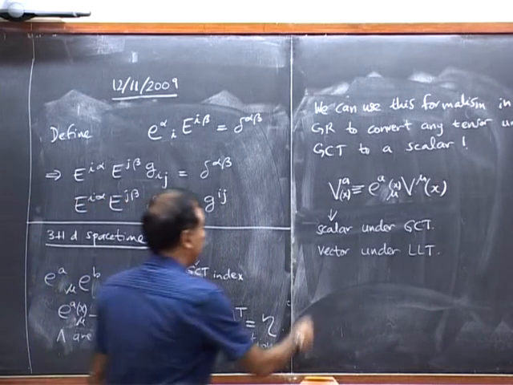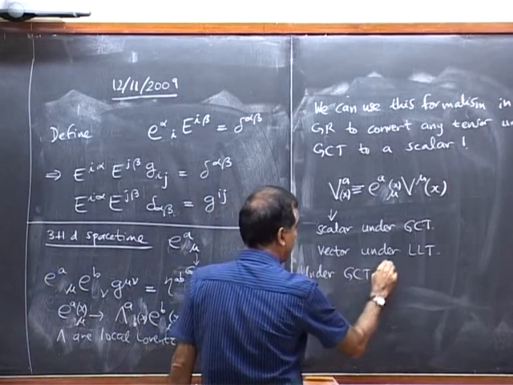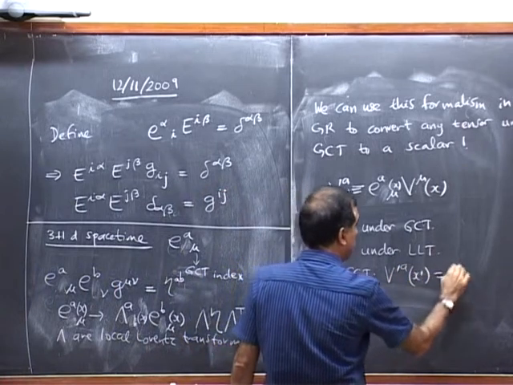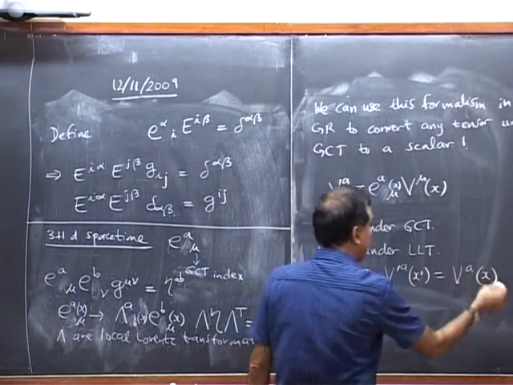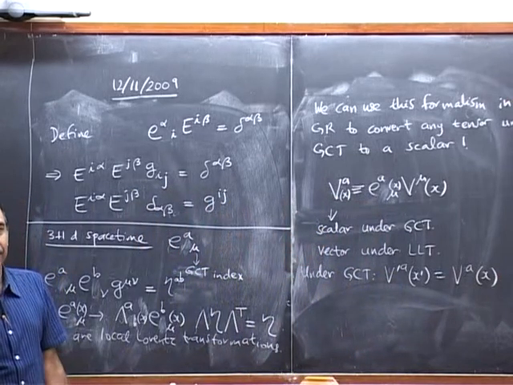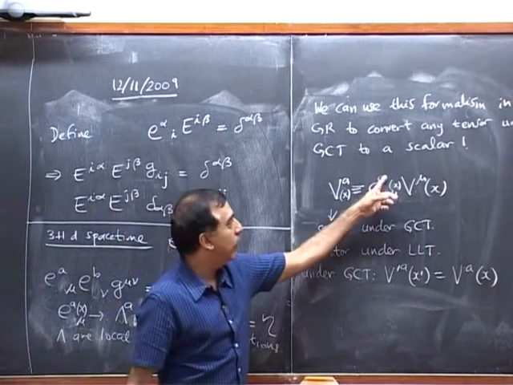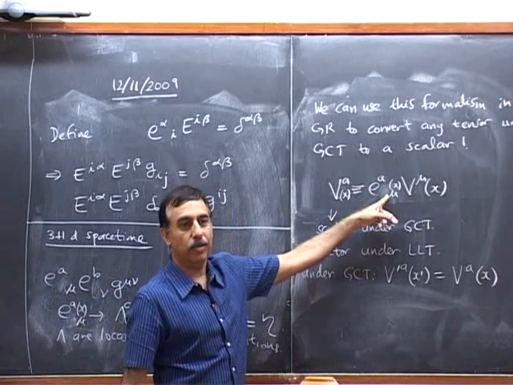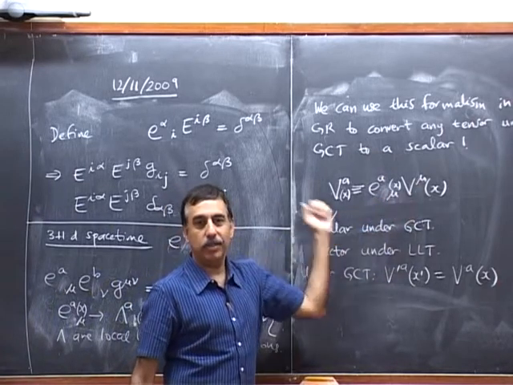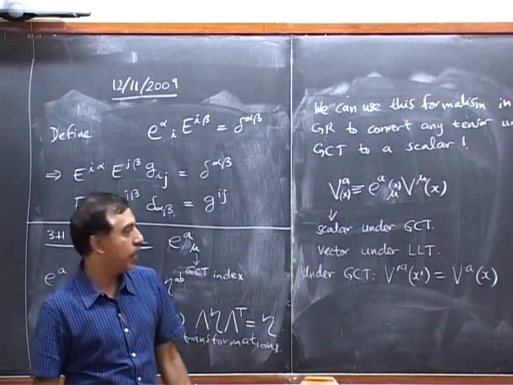So in fact, under GCT, let's be very explicit for once. Under GCT, V prime A of x prime is just V A of x. It's a scalar. It's a set of scalars. For each value A, it's another scalar. Okay. Why? Because for each value of A, I used one of the vectors in the orthonormal frames to dot with V mu and produce a scalar. If I dot a vector with a vector, then I produce a scalar.